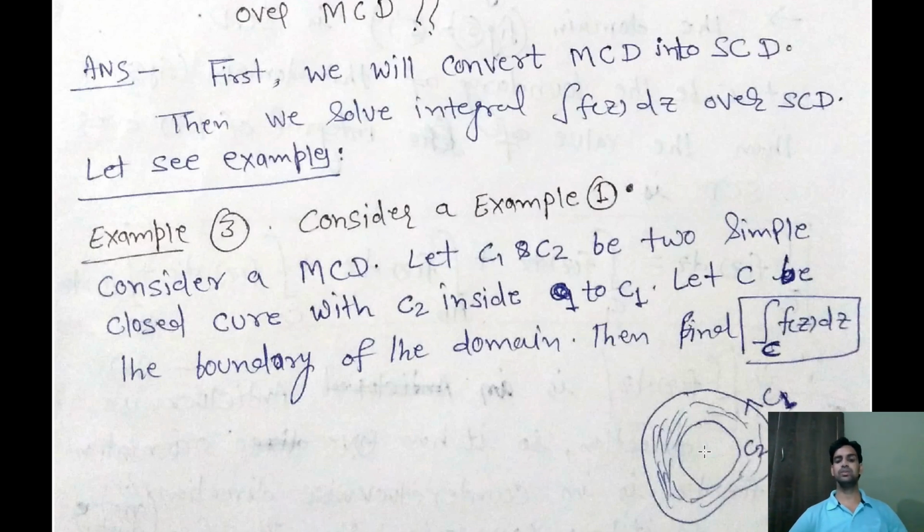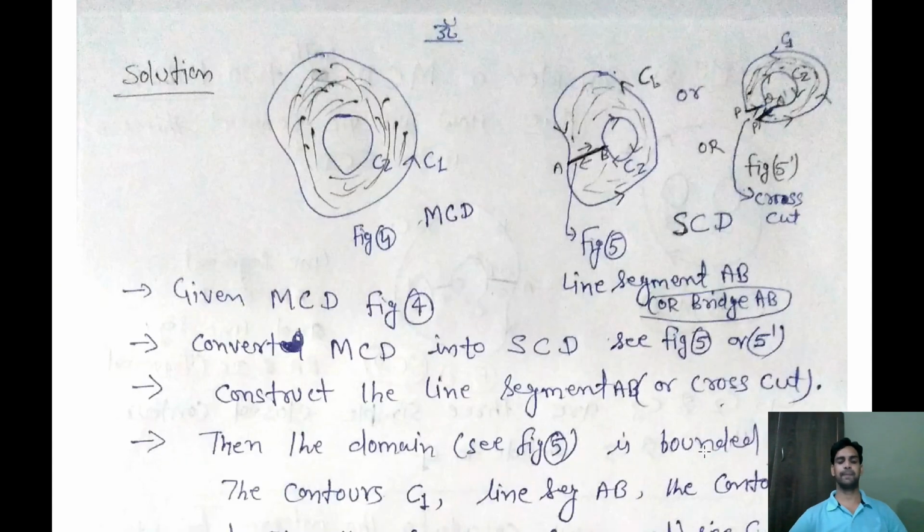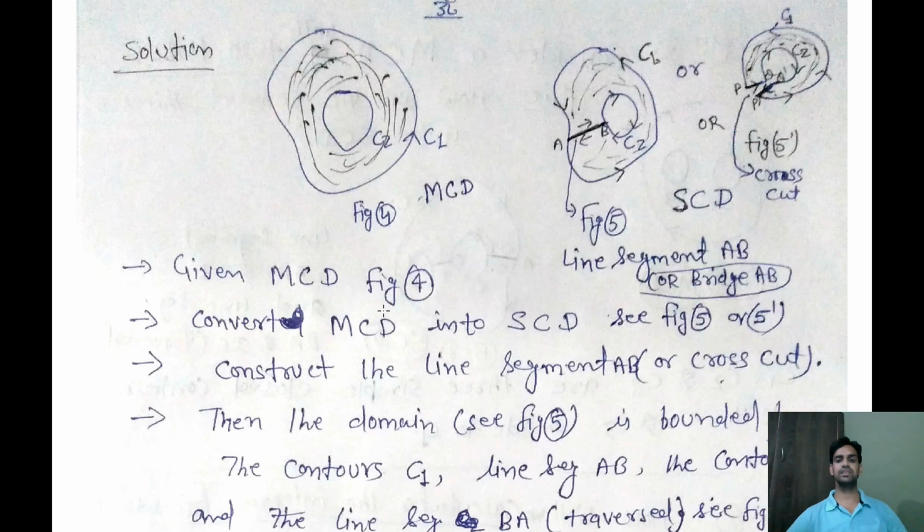So first, what will we do? First we will convert this domain into a simply connected domain. This is our multiply connected domain and this is our common region. Now we are converting this multiply connected domain into a simply connected domain, as we have also seen in the previous example 1.